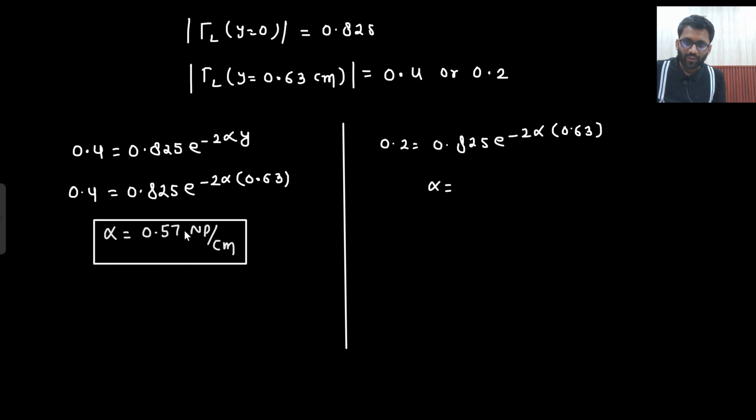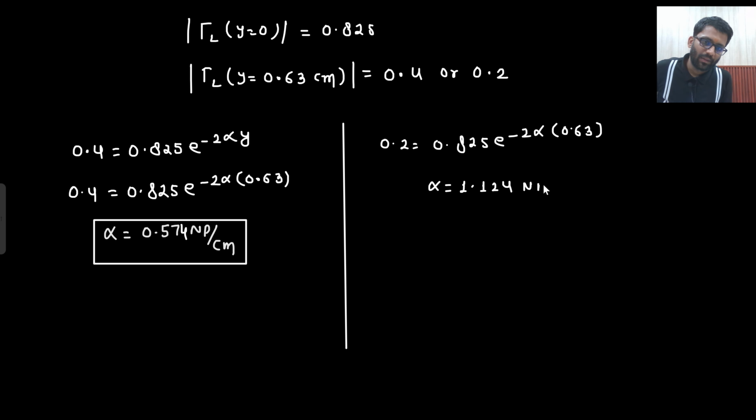One more value we are writing down: ln of 0.2 divided by 0.825, divided by 2, divided by 0.63, which gives 1.124.